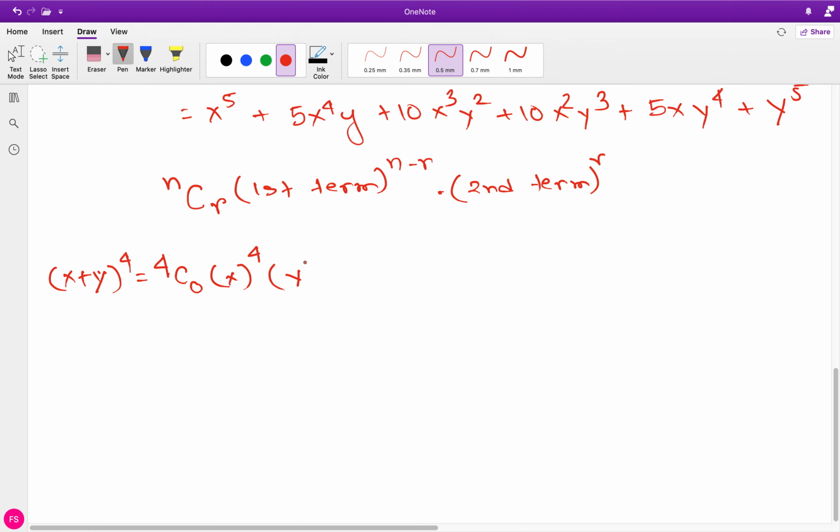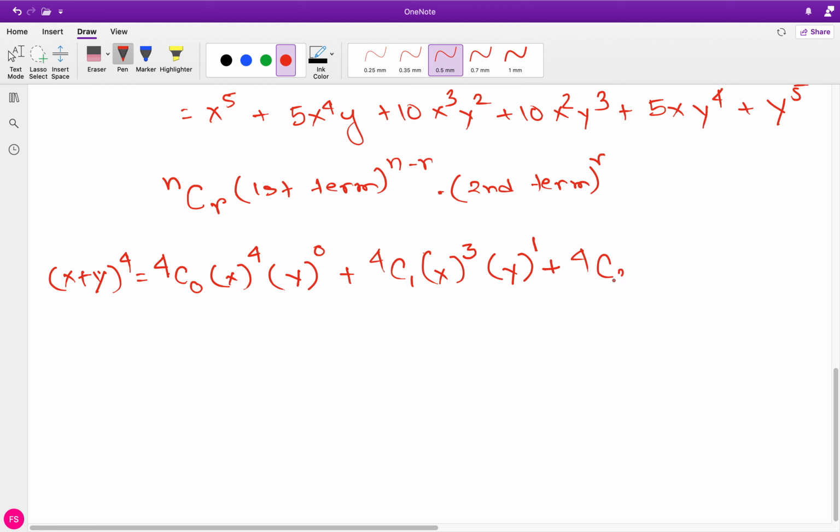Then the second term is y to the power of r, which is 0, plus 4C1, you are just going to increase it, x to the power of 4 minus 1, that will give you 3. Then the second term is y to the power of 1, because this equals r every time. See, second term to the power of r.